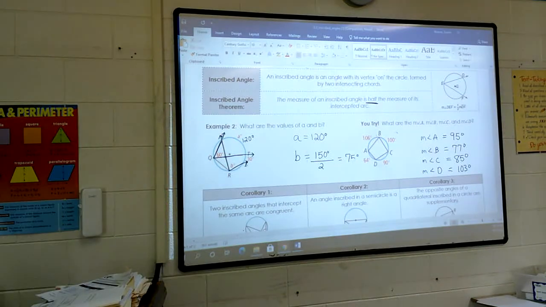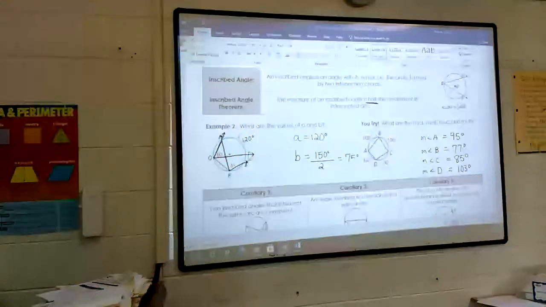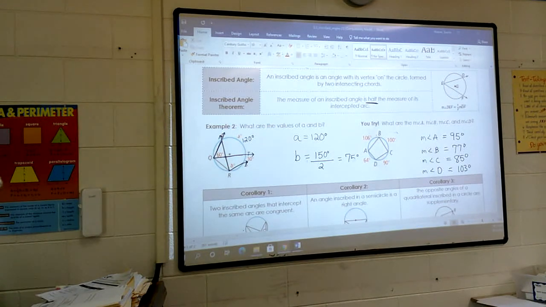Now, also, if you look at this, this is what type of shape inside of the circle that we just did in the unit before? Well, it's just a quadrilateral. So it's a four-sided shape. It may be a trapezoid, probably not. I don't think they're parallel, but they could be, possibly. So it is a quadrilateral, which means that the four angles inside of a quadrilateral have to add up to 360.